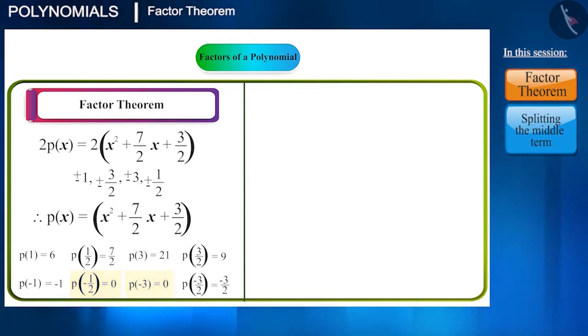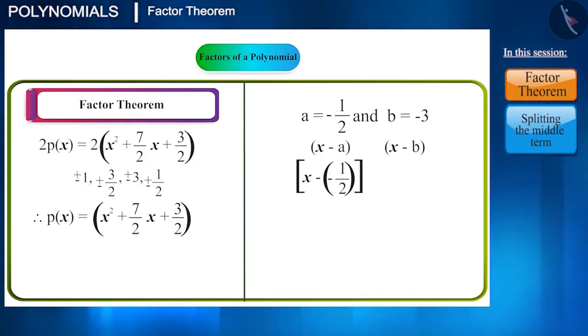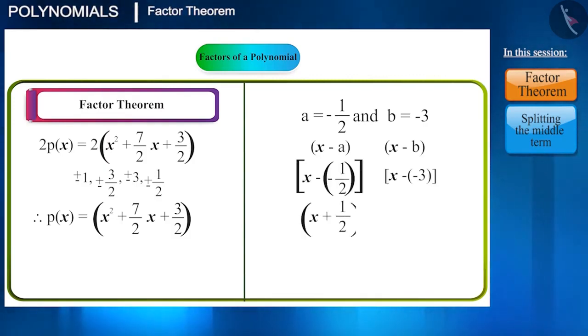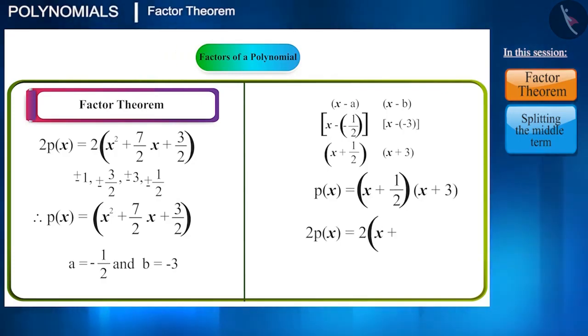We get the values of a and b. Now, we can write them in terms of factors of the polynomial as x plus 1 by 2 and x plus 3. And finally, we get only 2 factors of this polynomial as it is a quadratic polynomial.